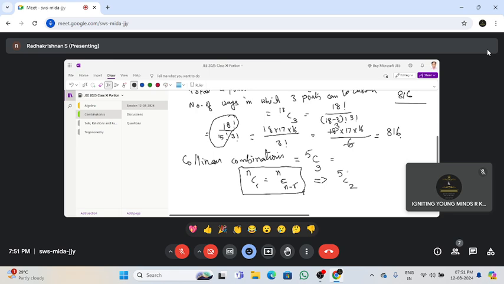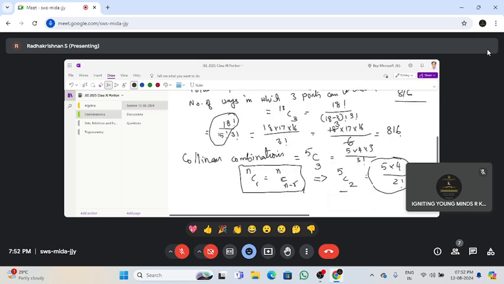We do this because it is easier to calculate. It's only 2 terms, 5 into 4 divided by 2 factorial, whereas here we have to write 5 into 4 into 3 divided by 3 factorial. These two give the same result, but this is easier to calculate, right? So 5 into 4, 20, divided by 2, this is 10. So this is one set of collinear combinations from the P group.